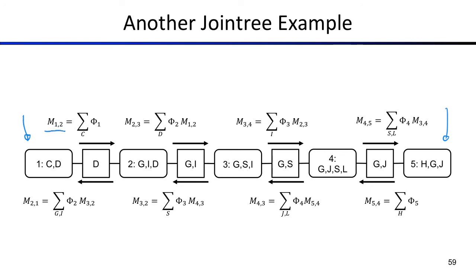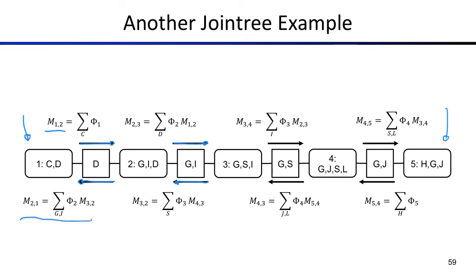So we send this message here, right? When cluster 2 receives this message, it's in a position to send the message to cluster 3. But it's not yet in a position to send this message here from 2 to 1. Because in order to send this message, I need to receive a message from node 3. Take a look here.